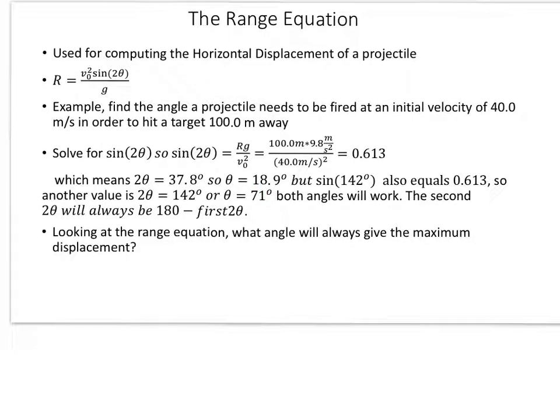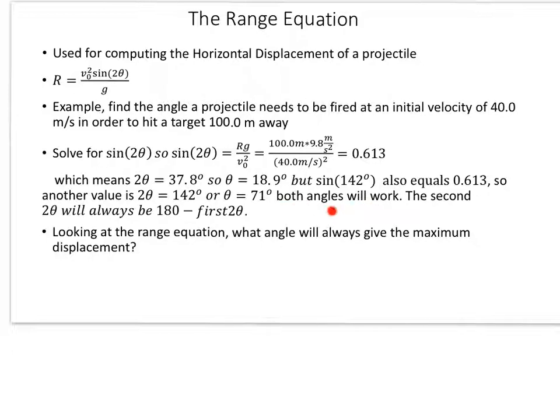All right, now, however, that's not the whole story, because if you were to punch in the sine of 142 degrees on your calculator, you would get that same value, 0.613. So another solution is to take the 142 degrees, that could also be 2 theta, divide that by 2, and you get 71 degrees. And either one of these angles would work.